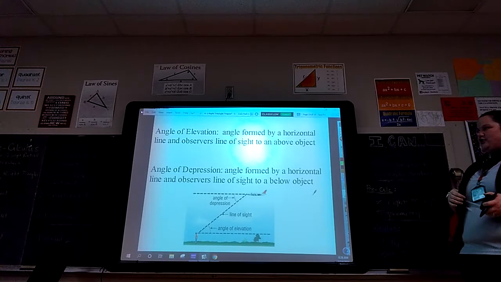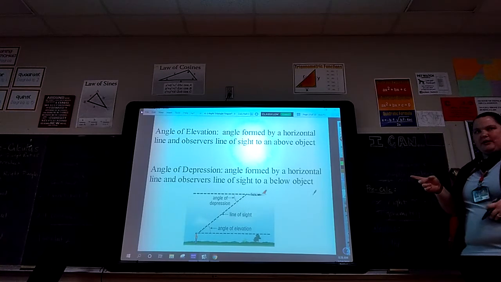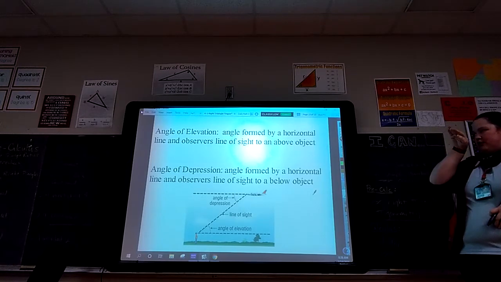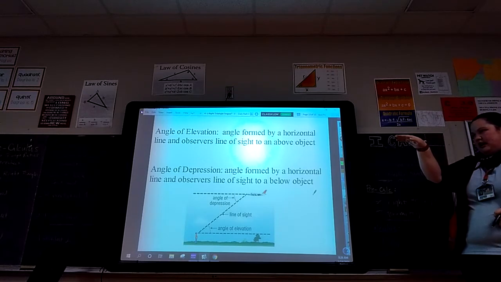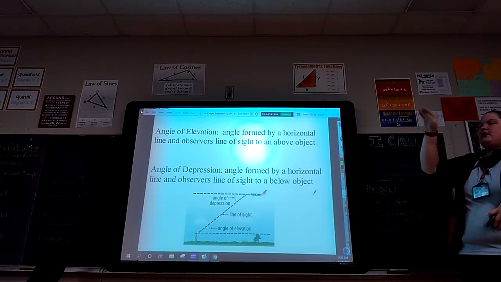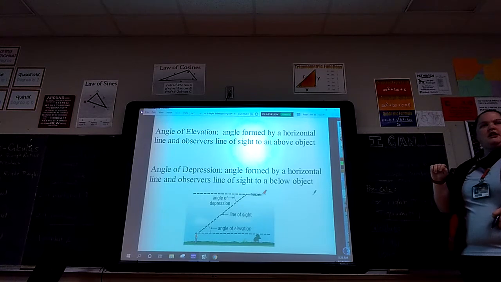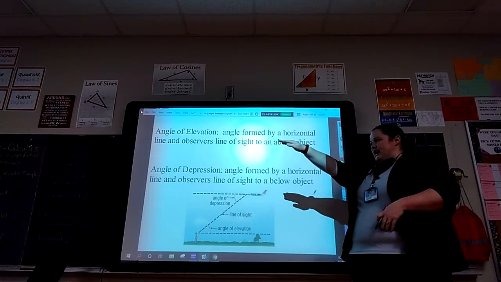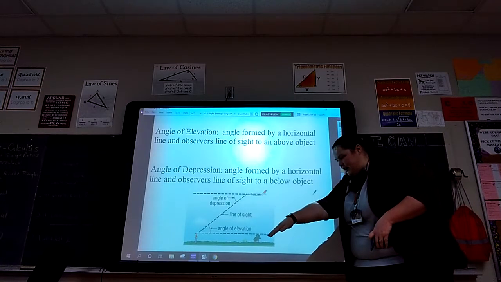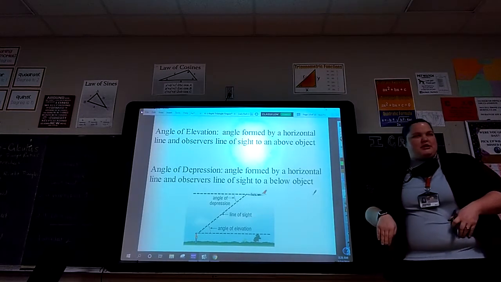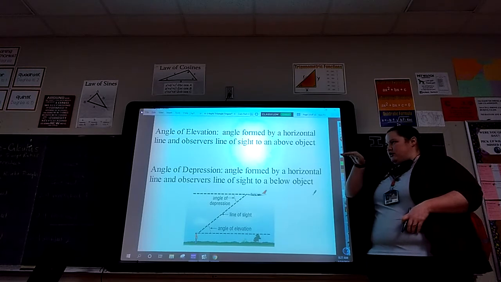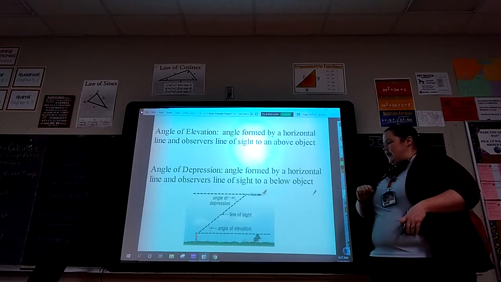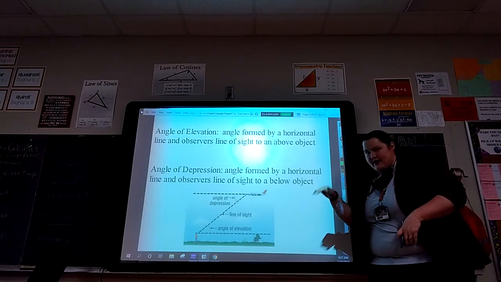So angle of elevation, and that's typically the angle we work with, is from usually your line of sight. And then if you have to look up at something, that is your angle of elevation. And then if you have an angle of depression, again, that's from your line of sight, and you have to look down at an object. So that's really the difference between the two of them. So angle of elevation, you're usually looking up at an object. Angle of depression, you're looking down at an object.